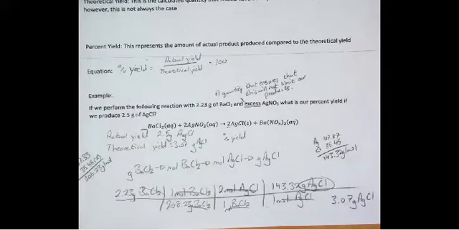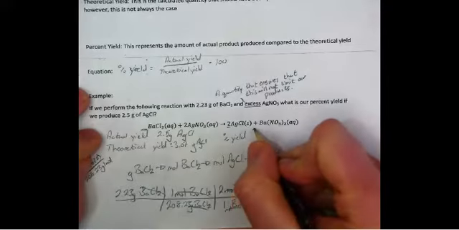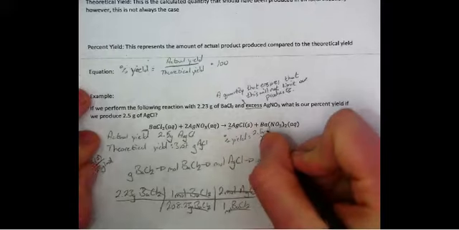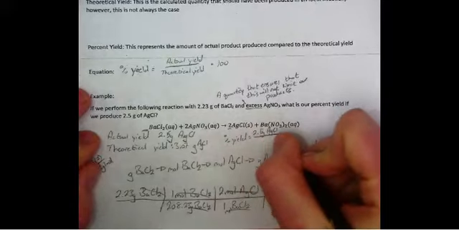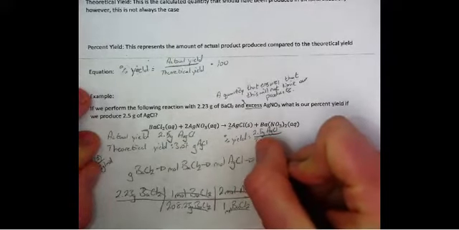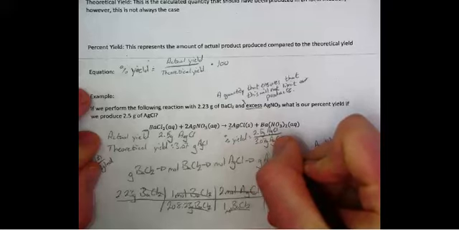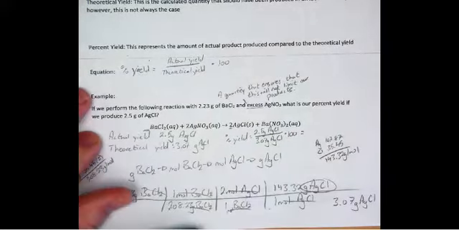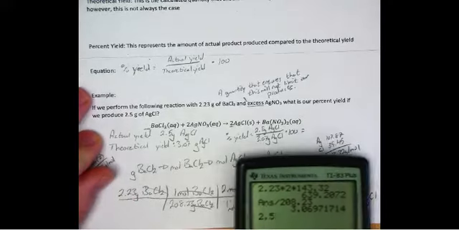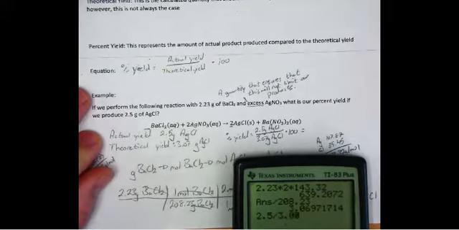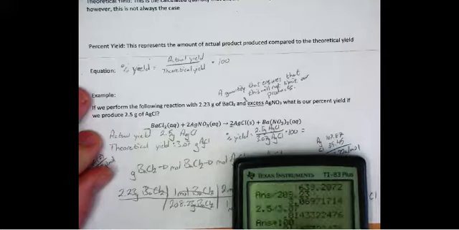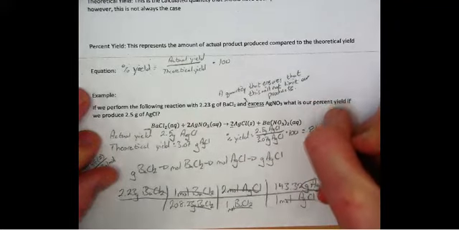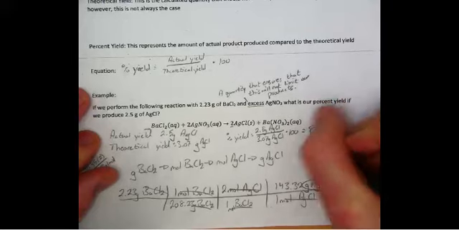So all we do is divide our 2.5 grams AgCl by our 3.07 AgCl times 100, which means that our percent yield is 2.5 divided by 3.07 times 100, 81.43, or 81.4% yield.